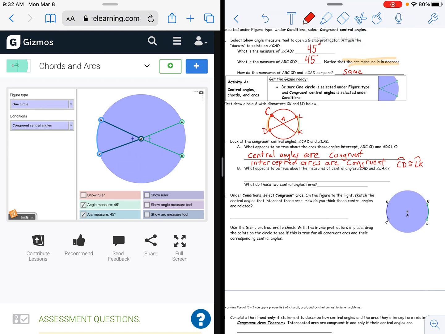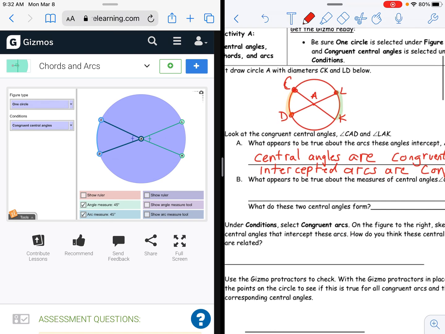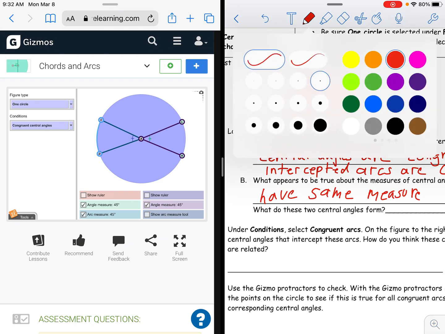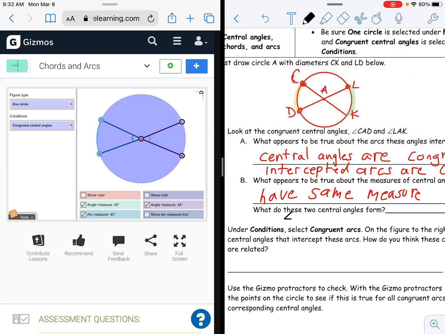And what appears to be true about the measures of the central angles? We already picked that they're congruent, but let's verify it with this angle measure tool. It appears that they have the same measure, which is in fact true, because angle CAD is congruent to angle LAK.